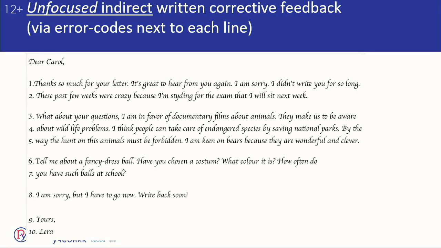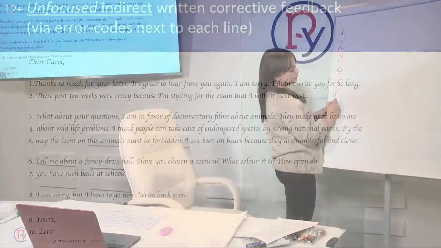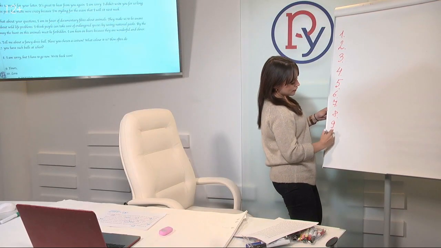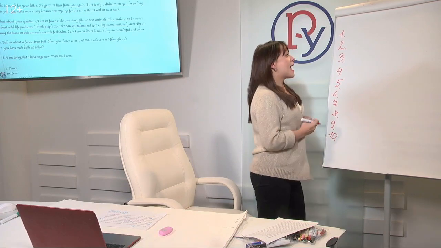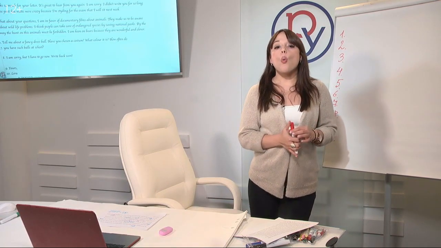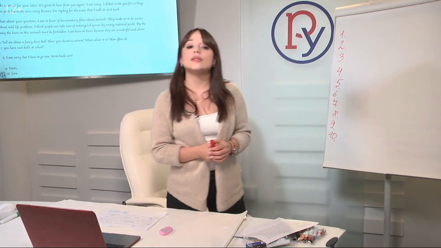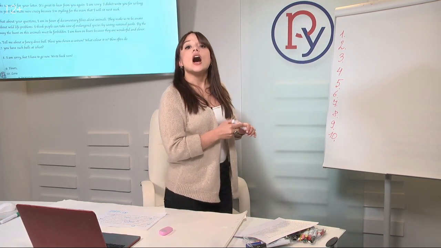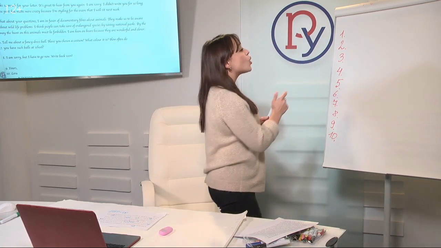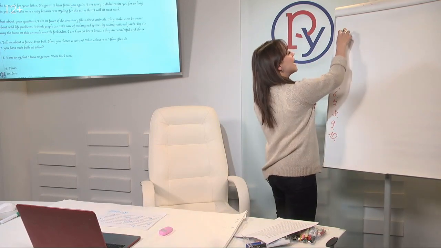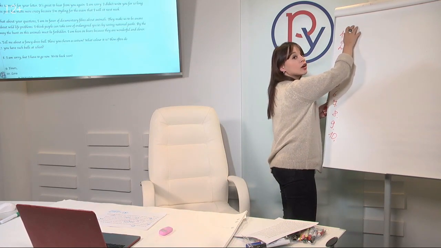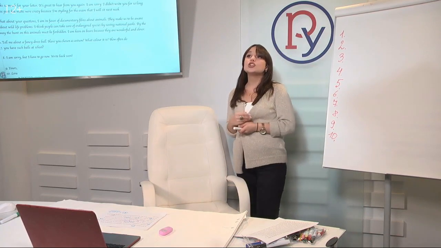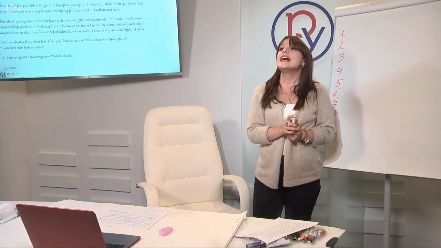So I want you to write down numbers from 1 to 10 in your notes. And when looking through this piece of writing, I want you to write down error codes next to each line, the error codes of all the mistakes that you were able to detect.